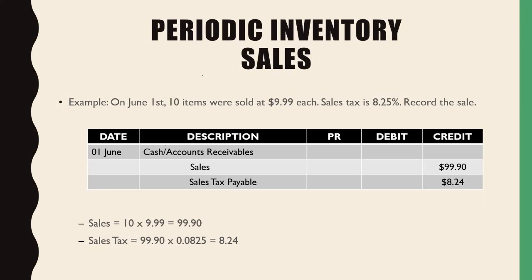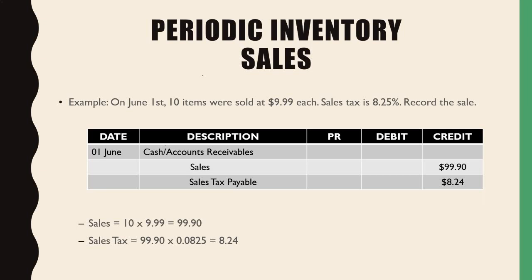So you're going to do 8.25%, right? We're doing simple math here. Because it's a percentage, how do you convert a percentage into decimal? You just move the decimal place to the left. So in this case, you're going to be multiplying 99.90 times 0.0825, and that should give you your total amount of tax.